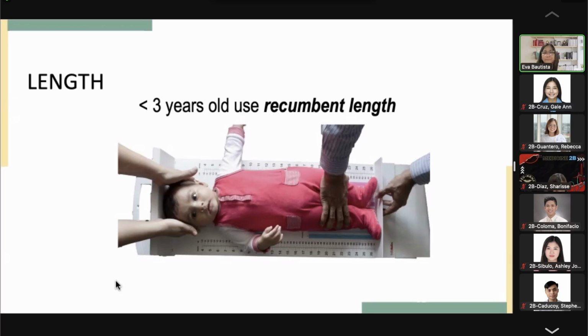So for less than 3 years of age, we use the recumbent length, and this is to address the normal lordosis in this age group. Meaning to say, if they are standing and you get their height, they are lordotic. So would you expect the standing height to be taller or shorter?